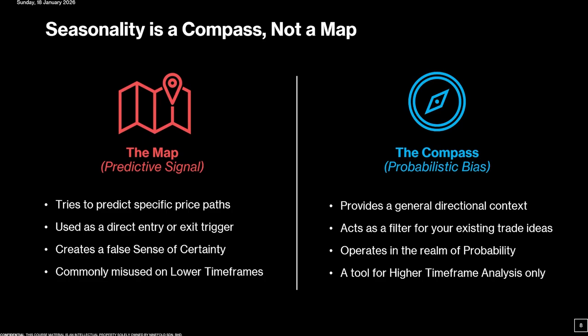Well, precisely. So if these retail traders were to use seasonality as a predictive signal, utilizing it like a map, and utilizing it as a set process or rule within your trading, they would find that they would be in a losing position because there's no additional analysis, number one, that informs or confirms the validation of their anticipation of a price move.